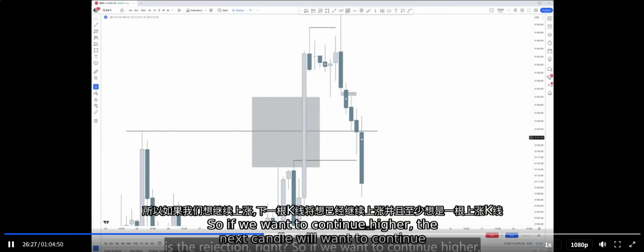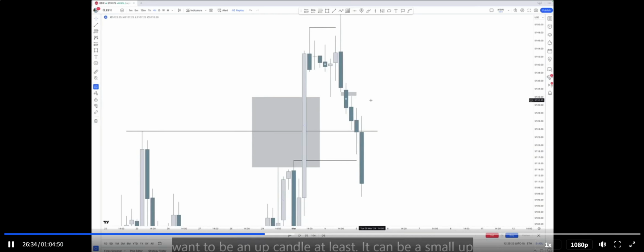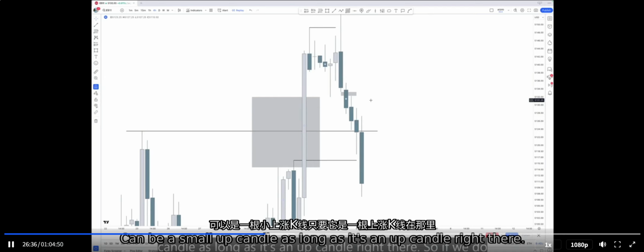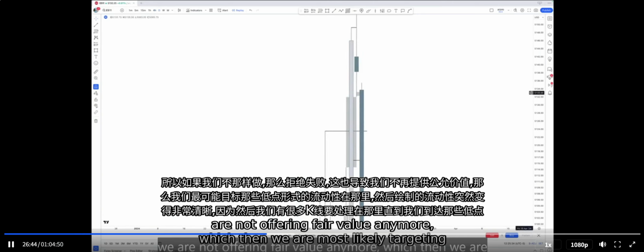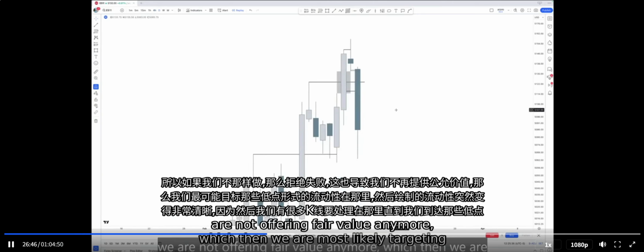If we want to continue higher, the next candle will want to be an up candle at least. Can be a small up candle as long as it's an up candle. So if we do not do that, then the rejection fails, which also means we are not offering fair value anymore, and we are most likely targeting liquidity in the form of those lows right there.